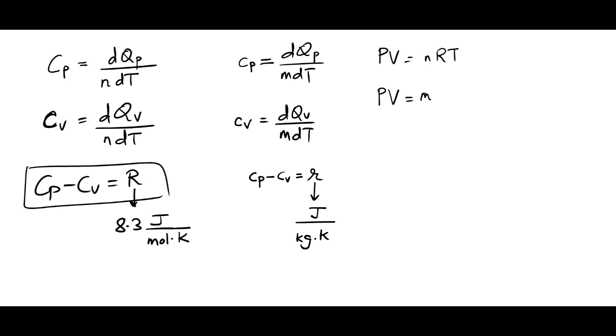Now if you write small m, the mass of the gas, instead of the number of moles, then the constant which you write after m is not going to be capital R, but it's going to be small r, which is the gas constant for the particular gas.